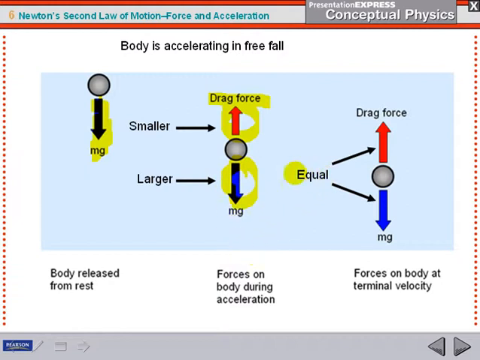Then as the object gets faster and faster, the drag force increases, because remember, it's dependent on the speed of the object, until the drag force and the weight are equal. And at that point, the body is at terminal velocity. So the drag force and the weight have to be equal for there to be no net force on the object. And then the object won't accelerate any faster. It'll be at its terminal velocity.